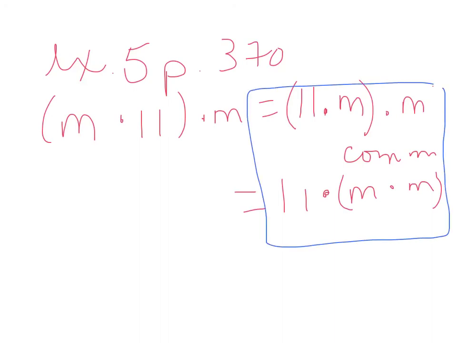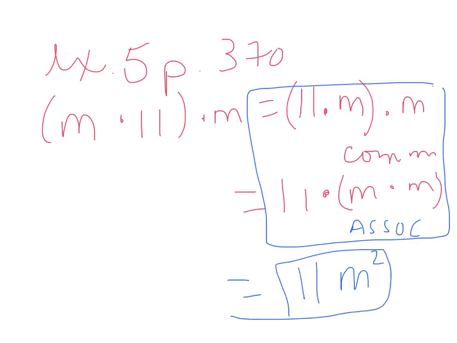They flip that, and what they did change, they left the terms the same, they flipped the parentheses, so it's associative, and make sure you abbreviate with ASSOC, property of multiplication, and then finally they solve this. M times m is m squared, and 11m squared. Box that in.